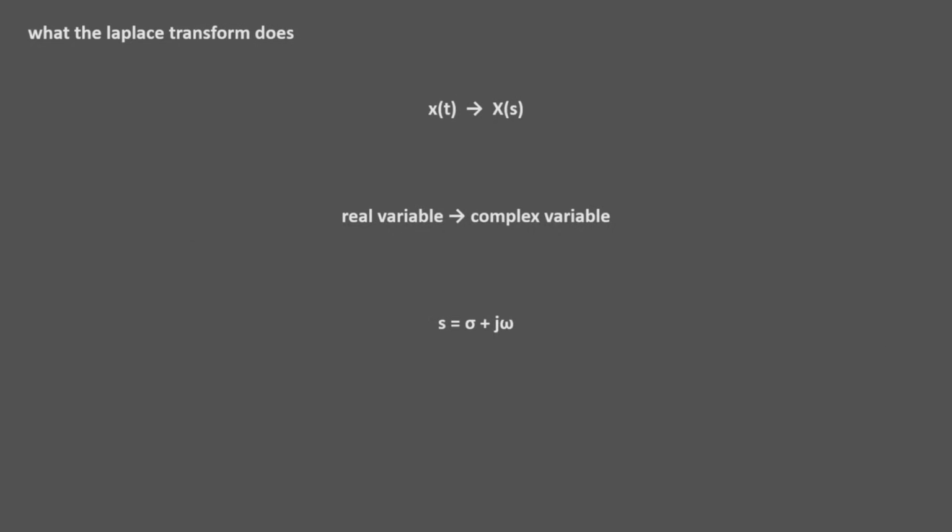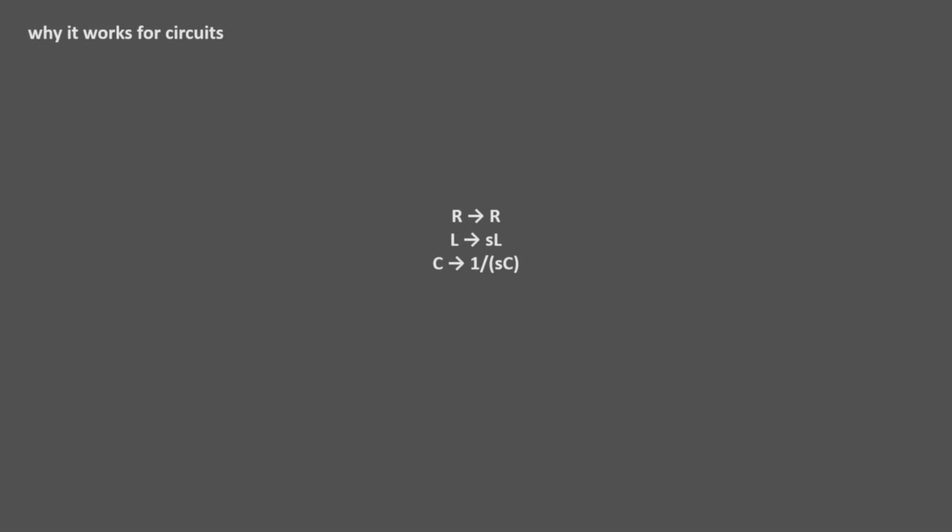You get? All right. So wrapping up, why it works for circuits, that's exactly what we just explained before. It transforms from the time domain to the frequency domain. But resistors stay the same. So resistance R in the time domain, let's call this F for frequency, is going to be the same as R in the frequency domain.